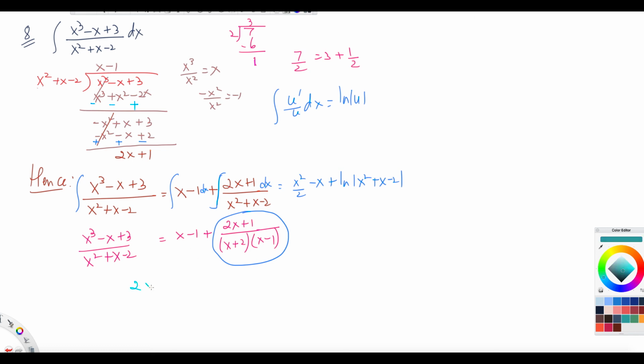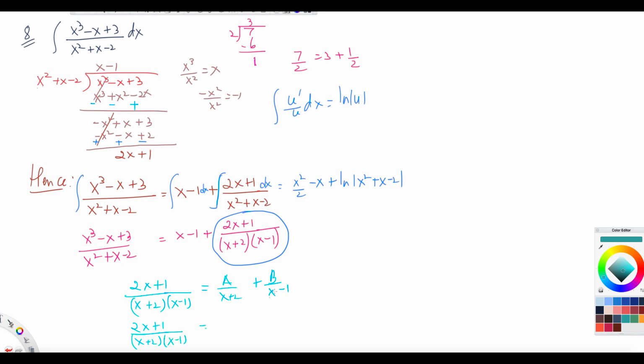So you get 2x plus 1 over x plus 2 and then x minus 1. That can be written as, what do you get? You get a over x plus 2 plus b over x minus 1. Now if you combine that on the left side, you get the same thing, 2x plus 1 over x plus 2 times x minus 1, right?